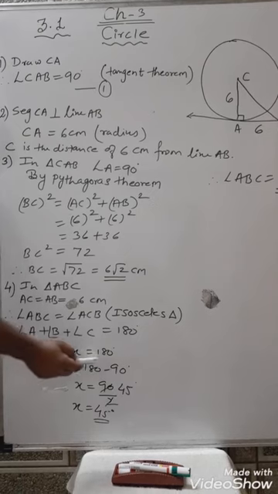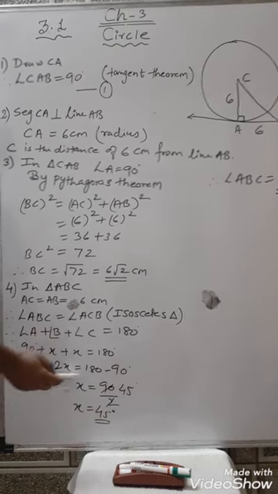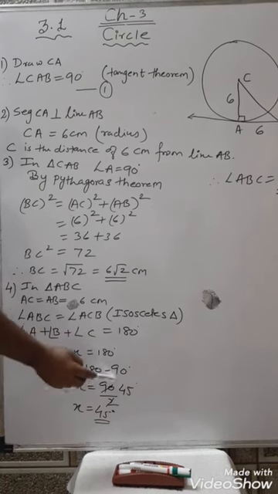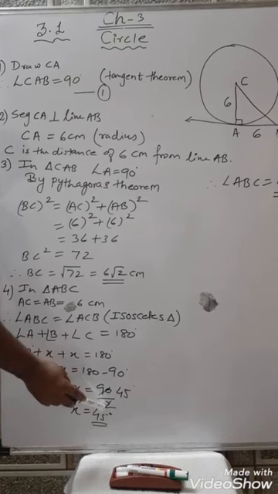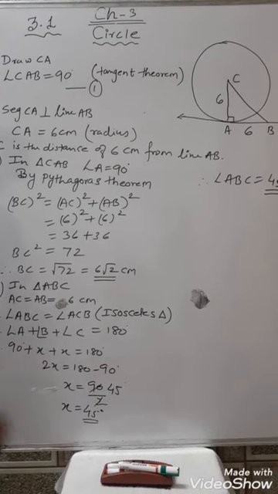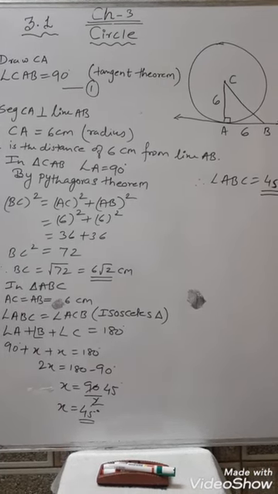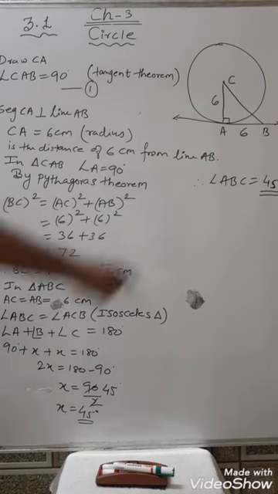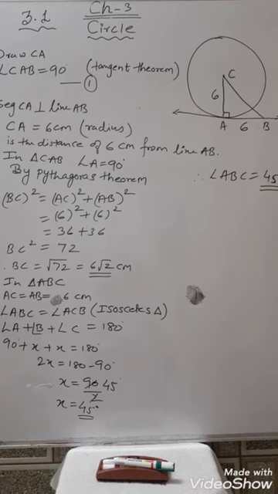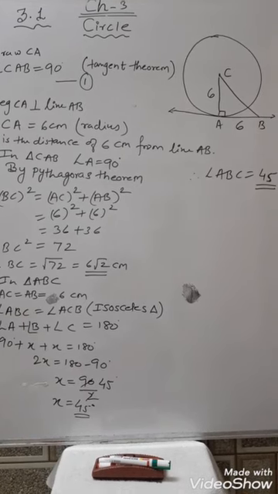So x plus x equals 180 minus 90, that is 90. 90 divided by 2 is 45. So the value of x is 45. So angle ABC equals 45. That is your fourth part.